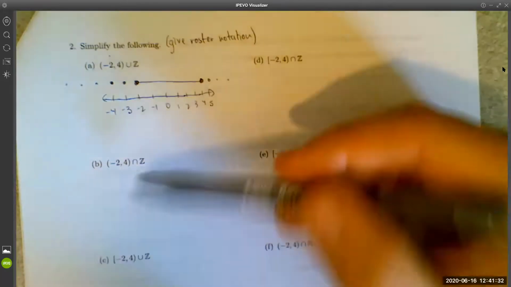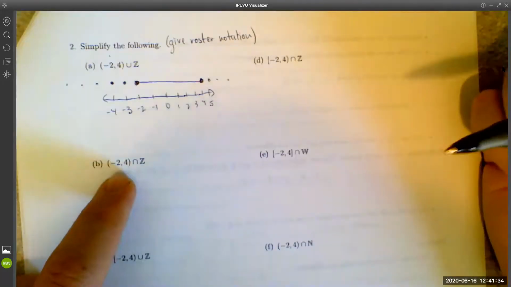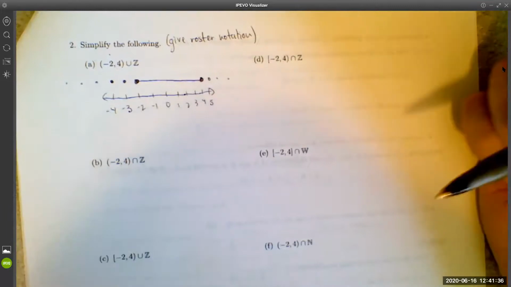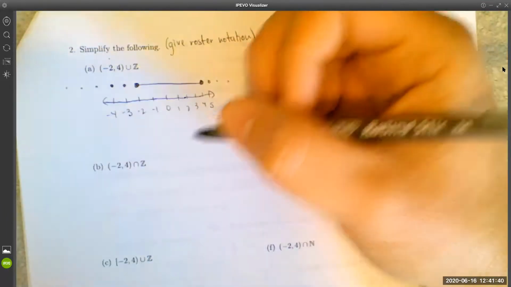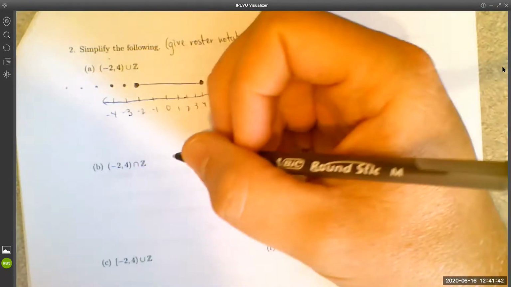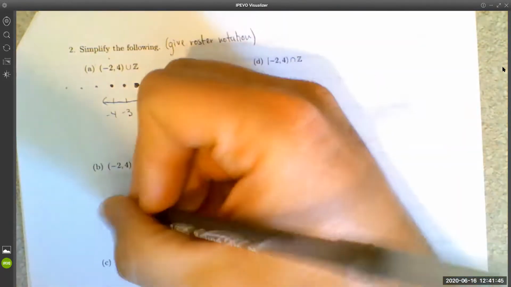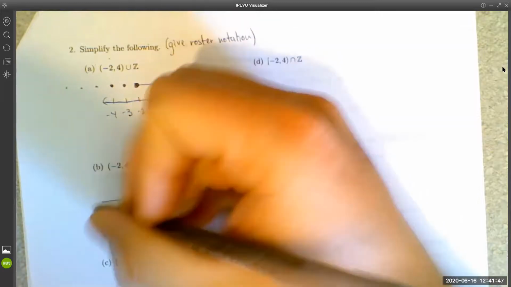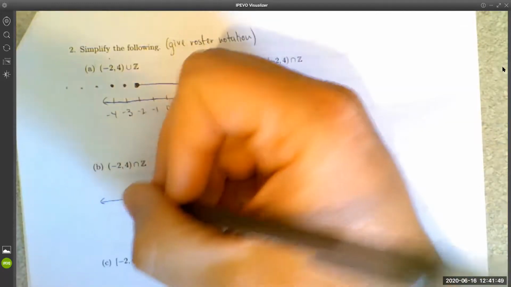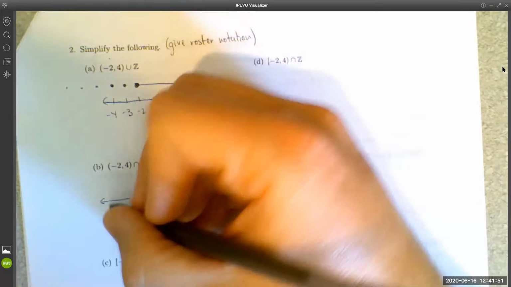Okay, part B asks us for negative 2 for intersect Z. Okay, we can do this one a little bit more easily, I think. So negative 2 for intersect Z. So on the one hand, well, I'll do the same thing, right?